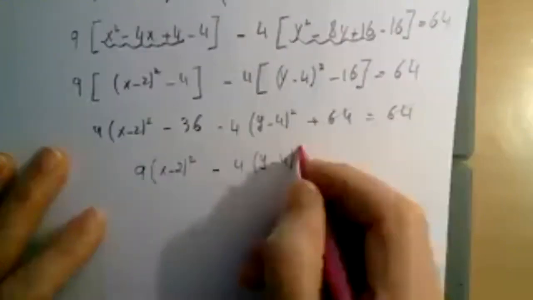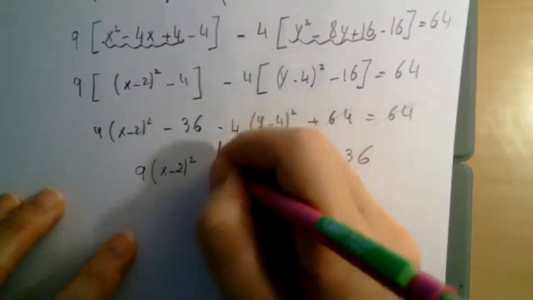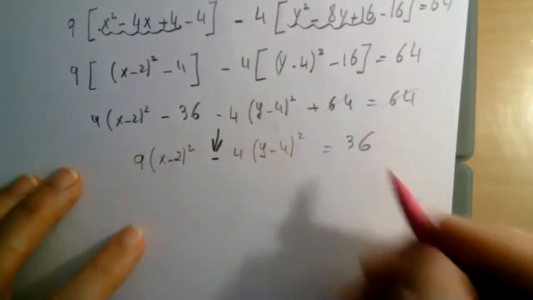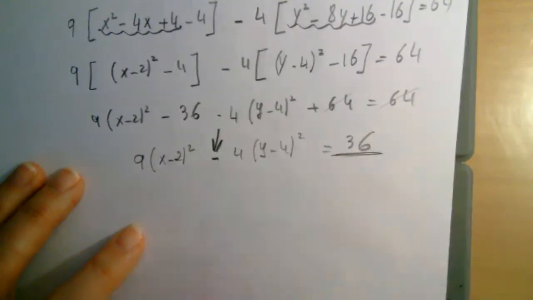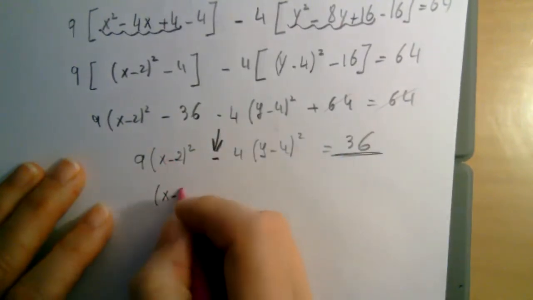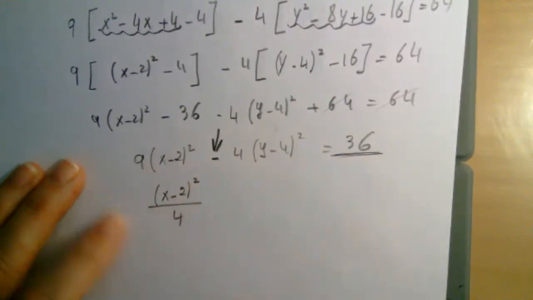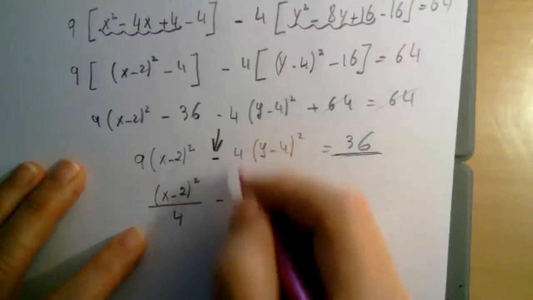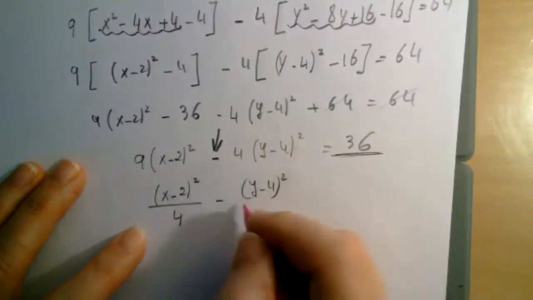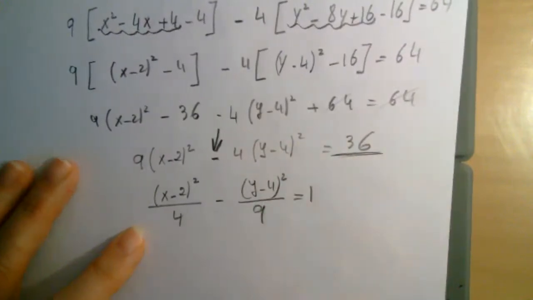Now I'm writing it in its standard format as a hyperbola. Of course, the minute we see the minus, we know that we have a hyperbola. I want to write it in standard format, so I have to divide by 36, and I do the math. 9 over 36 would leave me with a 4 minus y minus 4 squared, 4 over 36 would leave me with a 9, equal to 1.